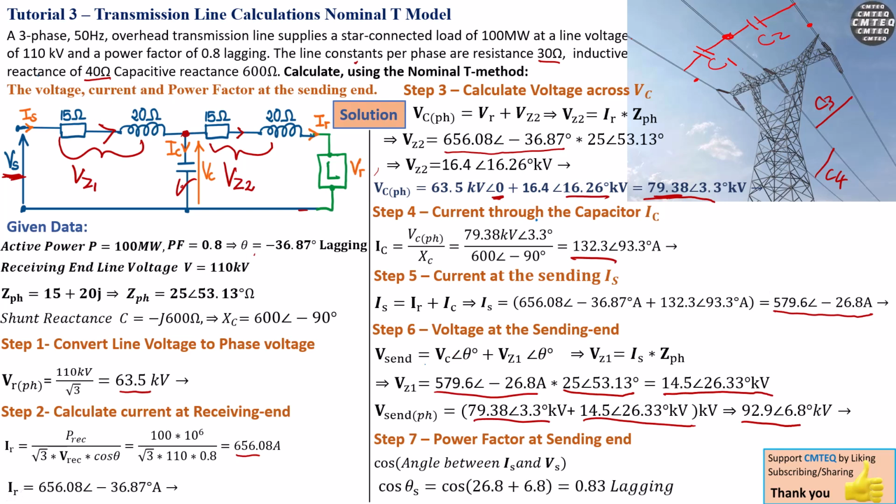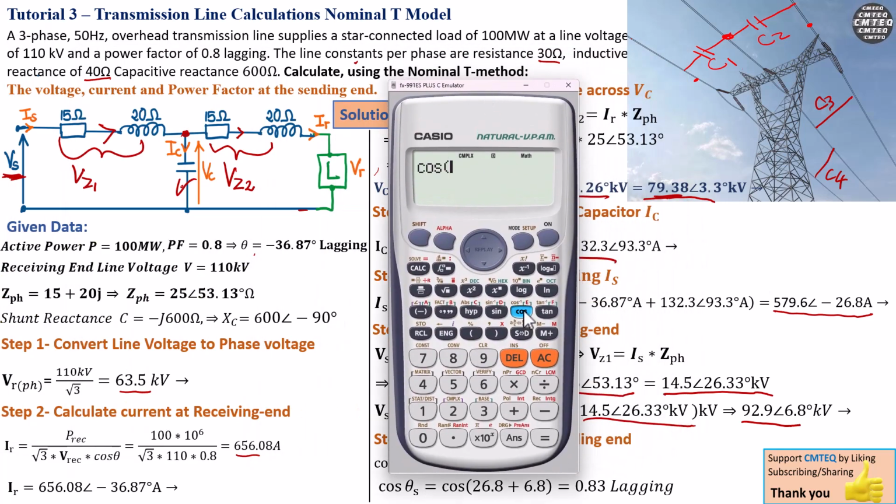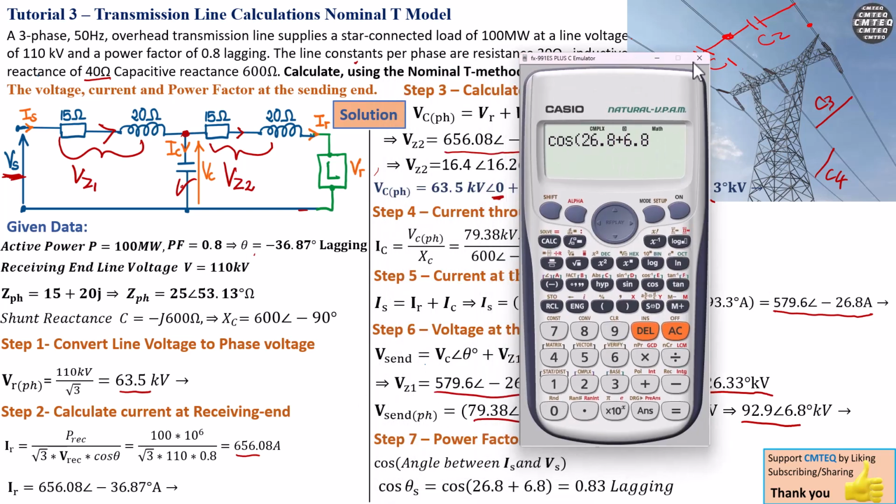Okay, so if you have to compute this with your calculator, it is very simple. So it's cos of 26.8 plus 6.8, which is the angle here of the sending end voltage per phase.